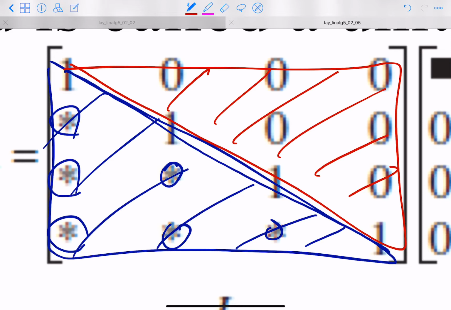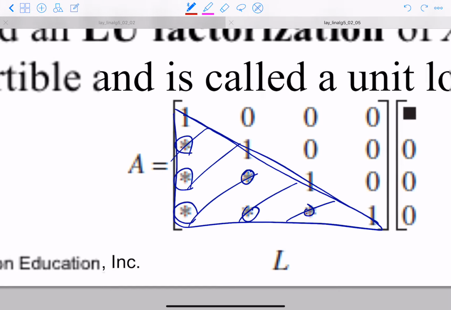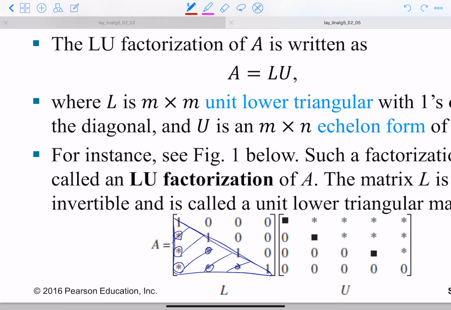Okay, so in the case of this LU factorization, the main condition imposed on the first matrix, L, is that it is a lower triangular matrix.